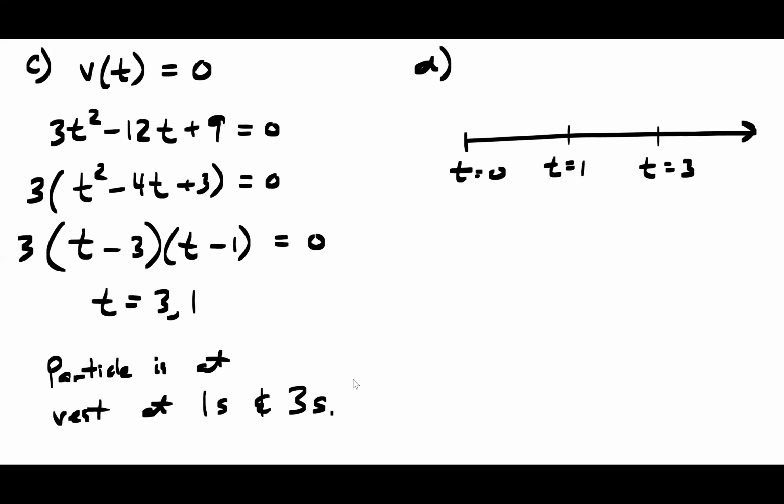So we have to pick some test points. I'm going to pick a test point called 1.5. If you have your calculators, can you punch in a 0.5 into the velocity function? I need to see if it is going positive or negative. We don't care about the number itself. Who cares, right? We just care about the sign.